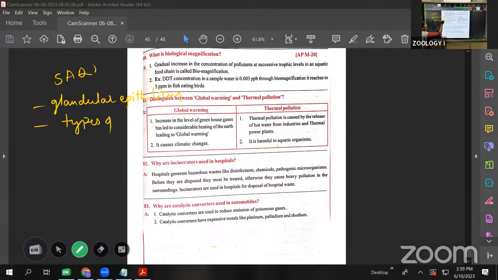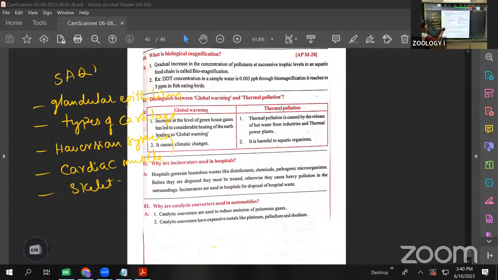Next, the nervous system, cardiac muscle, structure of cardiac muscle, skeletal muscle, structure of skeletal muscle, and the multipolar neuron.